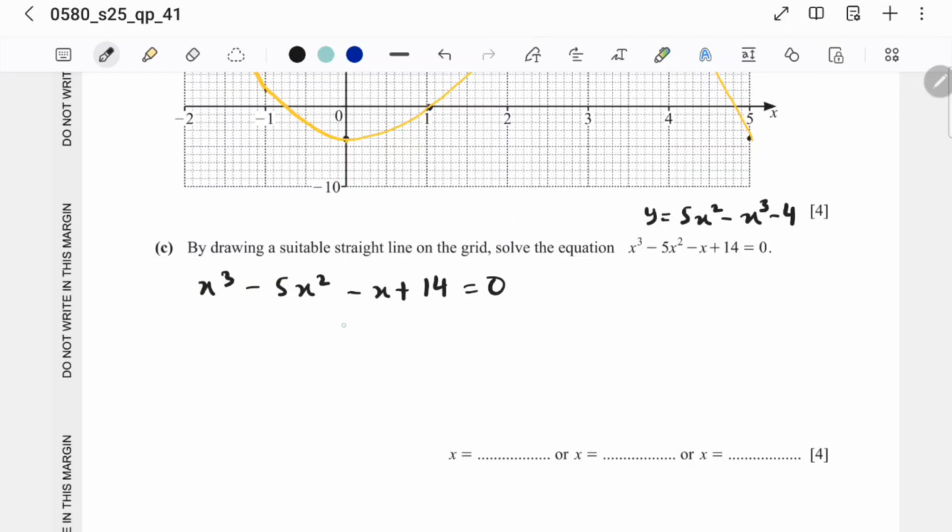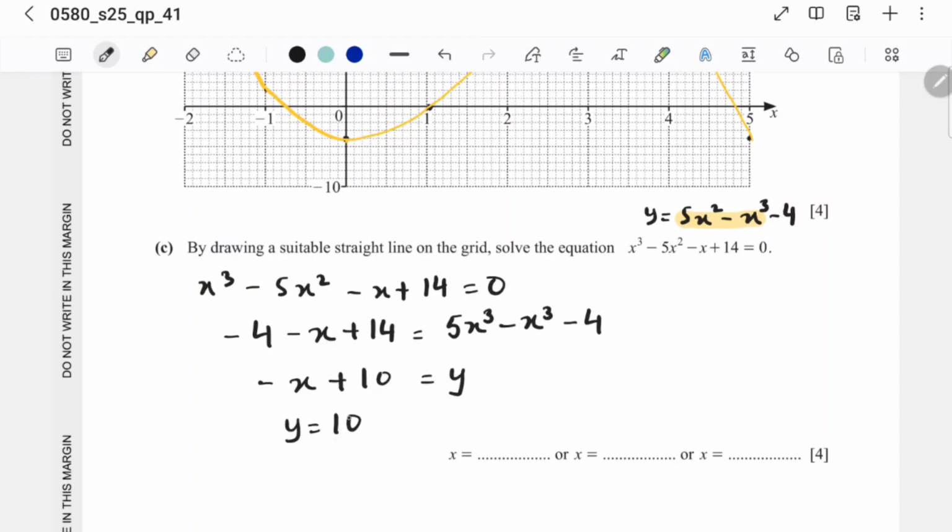So we know that minus x plus 14 is equals to 5x square positive there and x cube negative there. We have made up till here, only minus 4 left, so add minus 4 to both the sides. So we are getting minus x plus 10 is equals to y, or y is equals to 10 minus x.